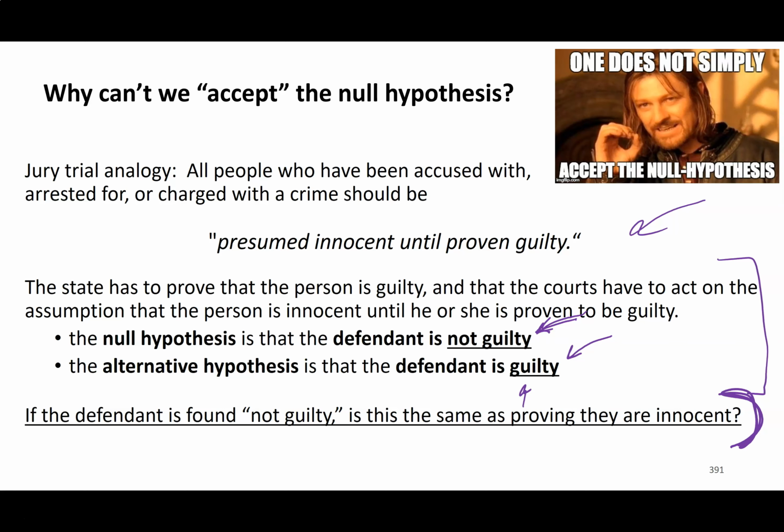We don't know that the null is true. We weren't trying to prove it was true or not. We were just trying to prove that the alternative was more likely. And if you aren't able to do that, then you pretty much have to say, we don't have enough evidence to say the alternative is true. So be careful. If you say that the null is true or that you accept the null, we will jump on that super fast.